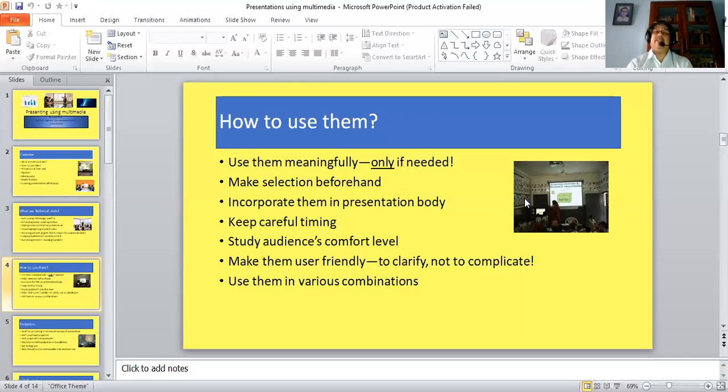Also, it is important that you select this technical aid before you give the presentation. In fact, you select it at the preparation stage. Also, you should incorporate it into the body of the presentation.